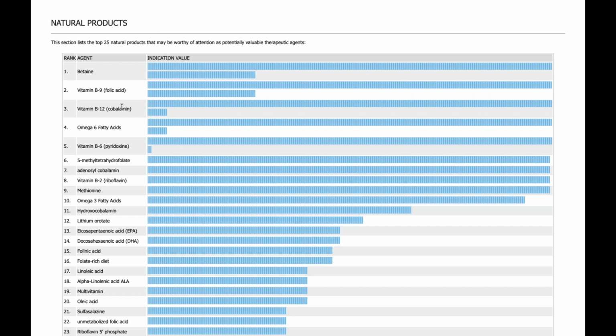Interesting, those indication value bars are so impactful or high for betaine and for folate that it actually spills over into the next one. So it's not two different separate bars, it's actually a continuation of the first one, is that correct? Yes, that's right. So a clinician might look at this and go, well, geez, I can't give them all this stuff. Well, the program isn't telling you to give the patient everything that's listed here.